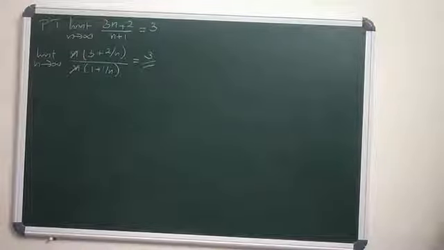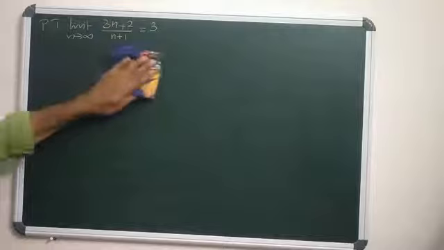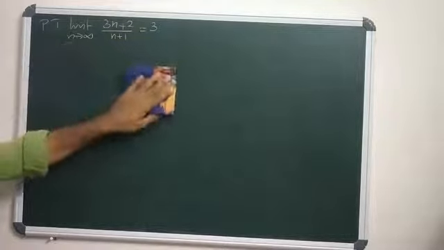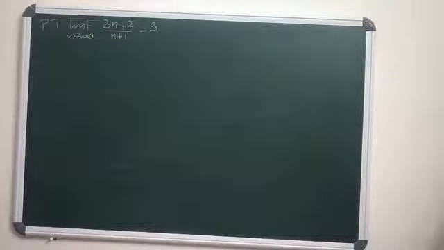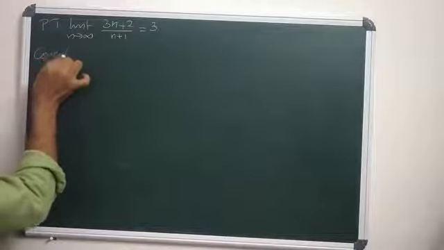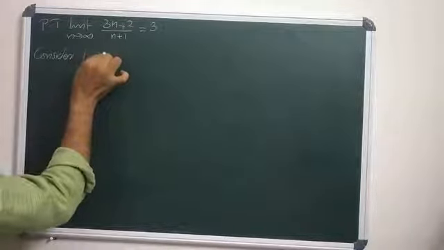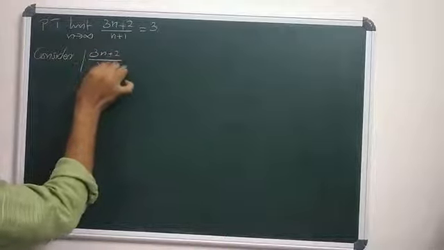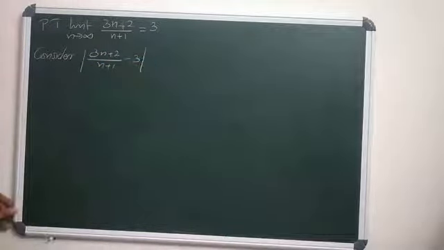But how do we prove that the limit of the given sequence (3n + 2)/(n + 1) equals 3 using the definition of the limit? So let us consider the modulus of (3n + 2)/(n + 1) minus 3. Why?